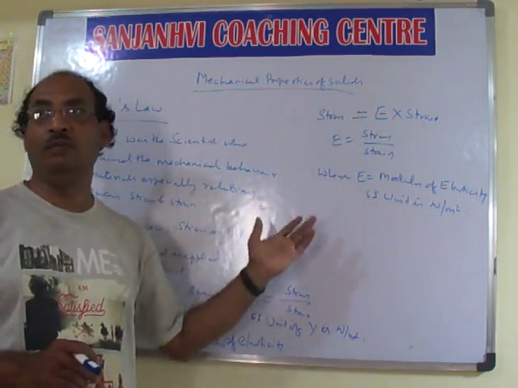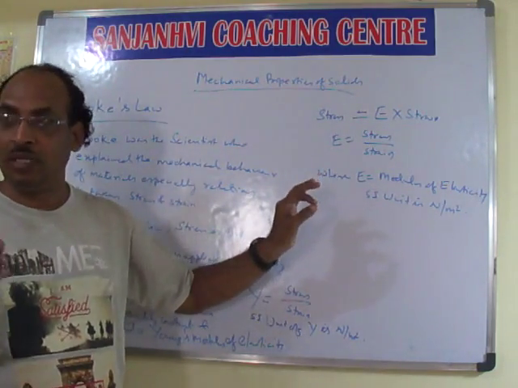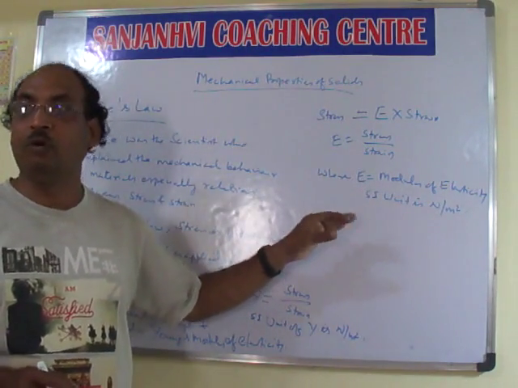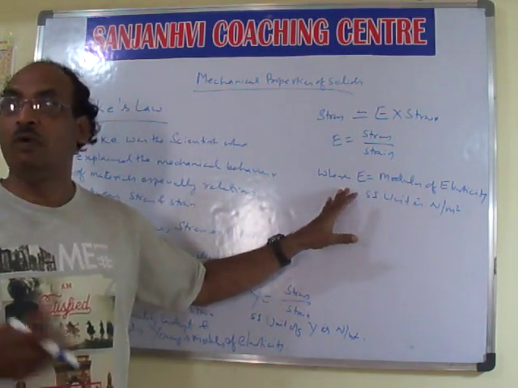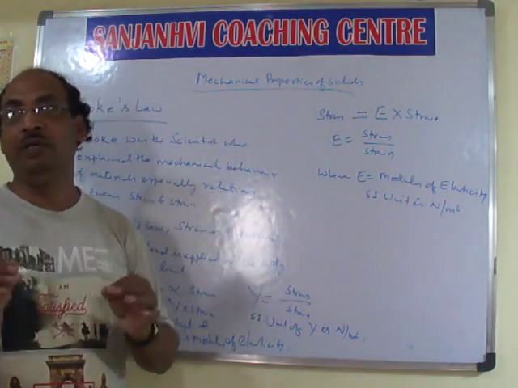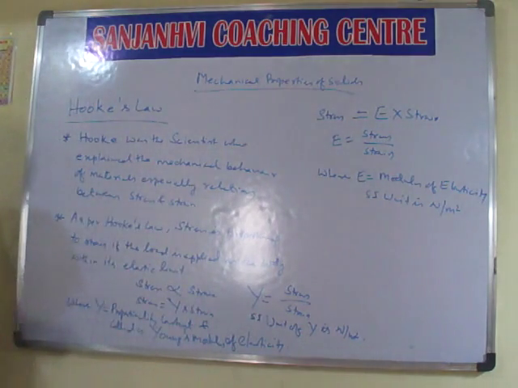So when you are solving some questions in the examination, you will be given the value. Suppose for steel, modulus of elasticity will be different. For aluminium, it will be different. For wood, it will be different. So that value will be given to you in the examination. Right? Okay. So just please note it down.